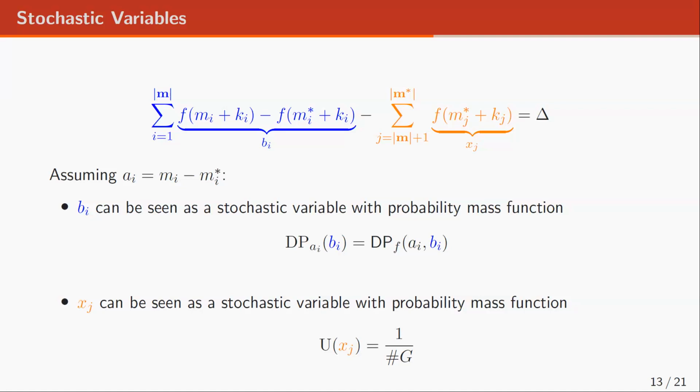Now we can talk about the value of each difference as a discrete stochastic variable with a probability mass function where we fix the input difference. And the orange terms are also a stochastic variable with a probability mass function.